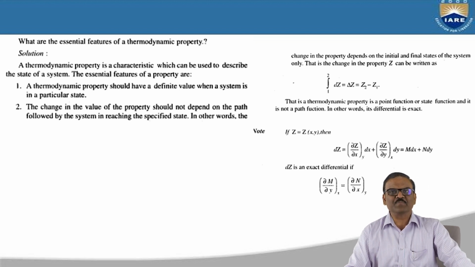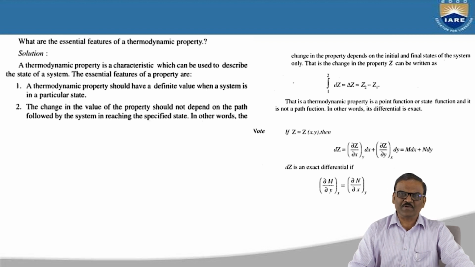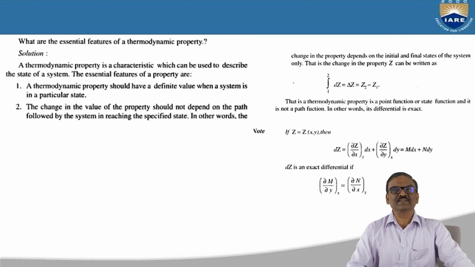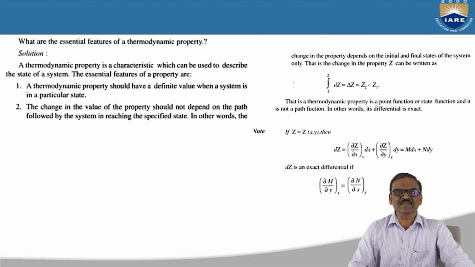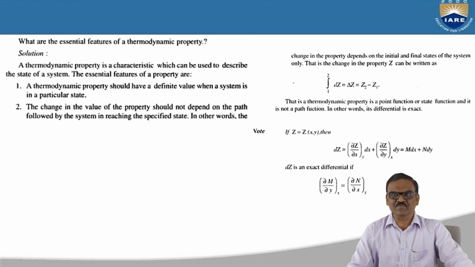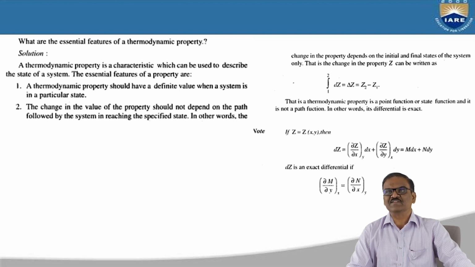And the change in the value of a property should not depend on the path followed by the system in reaching the specific state. In other words, the change in the property depends on the initial and final state of the system only.